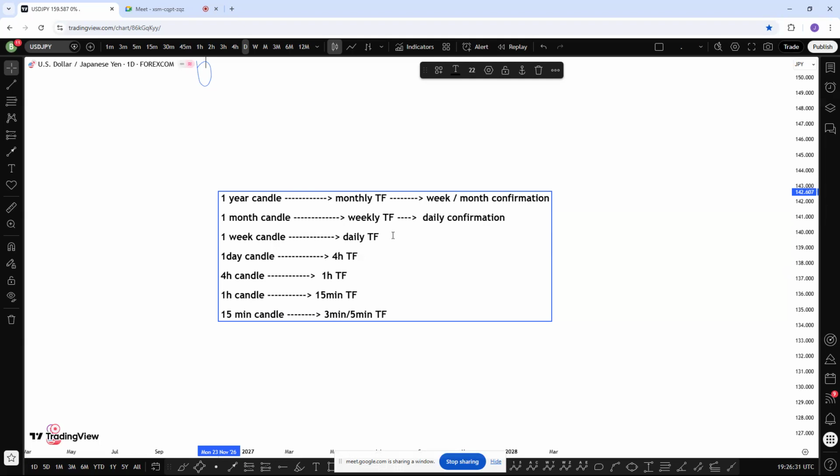You can use it to try to see direction. So here we use on daily when weekly candle key level is on daily, then the confirmation is on 4 hour. 4 hour confirmation.